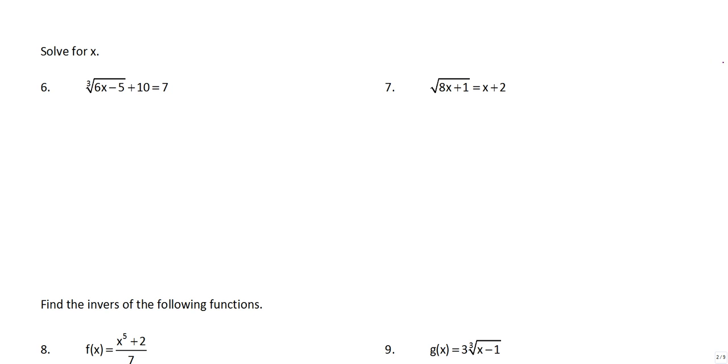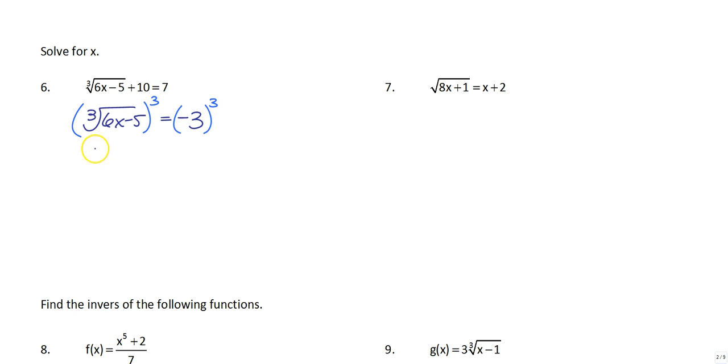The next thing we're going to do is solve. When we're solving with radicals, first thing you want to do is get the root by itself. So we have the cube root of 6x minus 5, which is equal to a negative 3 after you subtract the 10 to the other side. And now you have to cube both sides.